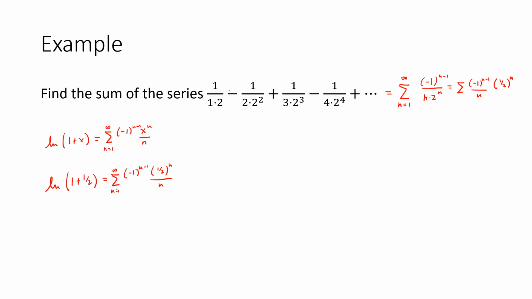So therefore this series will sum to ln of 3/2. So we were able to find the sum of this series by recognizing that it's the Taylor series of ln of 1 plus x, evaluated at x equals 1/2.